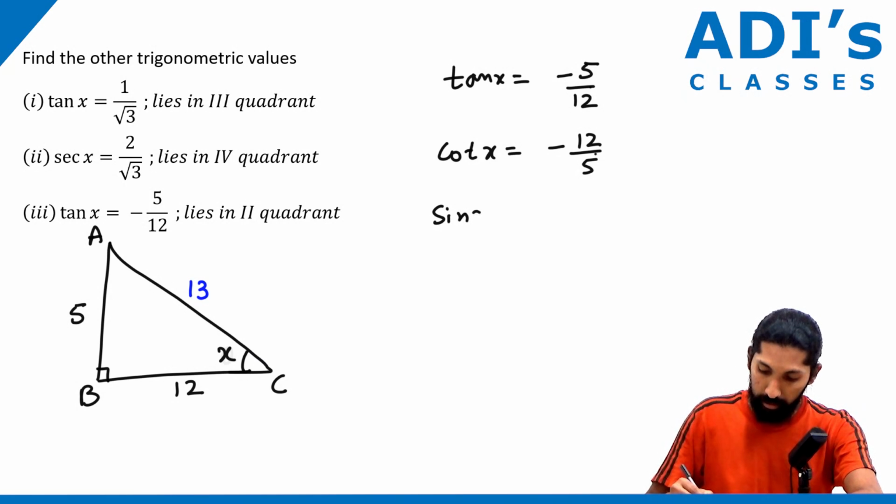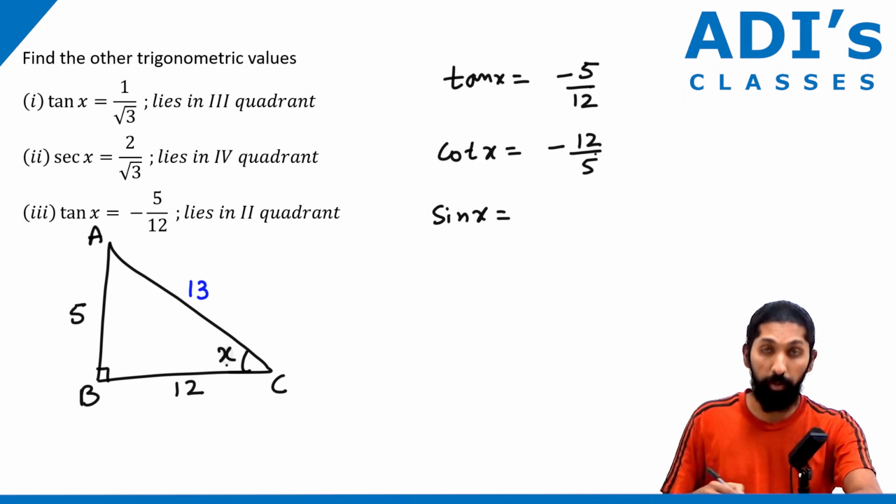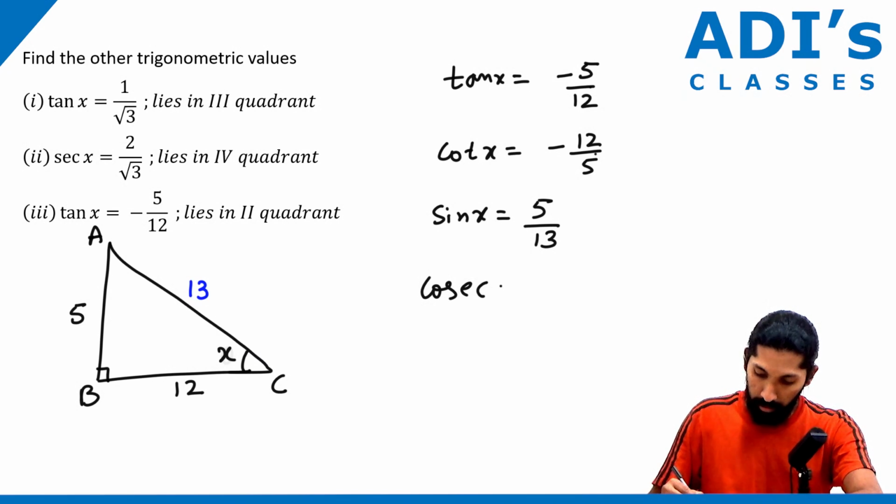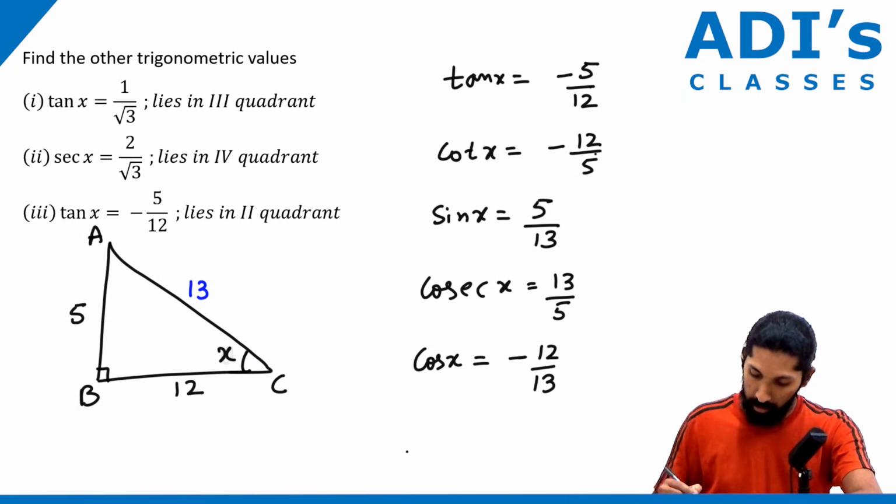Sine x is going to be opposite by hypotenuse. Opposite is 5. Hypotenuse is 13. Next, cosecant x is equal to 13 by 5. Cos x is equal to minus 12 by 13. Finally, secant x is equal to minus 13 by 12.